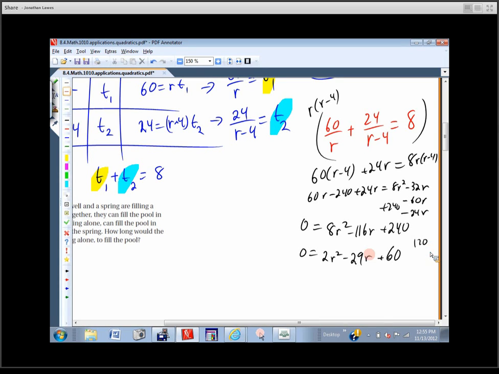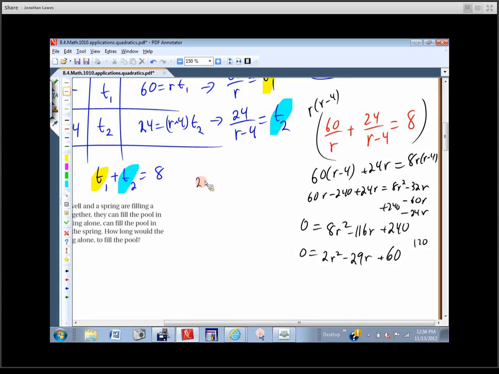Okay, so can we come up with numbers that multiply to be 120 that combine to be negative 29? Don't 24 and 5 work? Yes. 24 and 5 would do it. So you can factor it using those. You can also use the quadratic formula. It wouldn't be that bad to plug it into the quadratic formula, especially since you get to type it into your calculator.